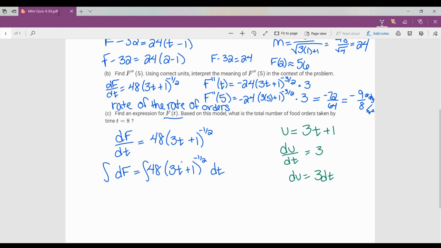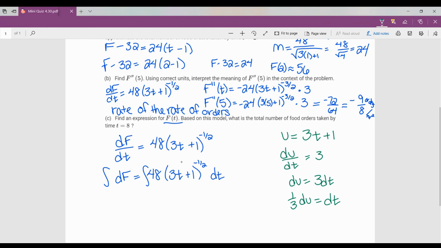So dt is going to equal 1/3 du. Okay, so we're going to substitute in. So we've got u to the negative 1/2. I'm going to substitute in for dt, which is 1/3 du. So 48/3 du. And we're going to integrate that. We're going to integrate df.